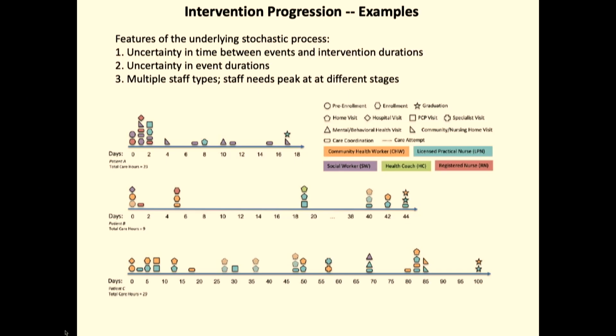I have mentioned this is an underlying stochastic process, and it's very difficult because you don't quite know what the time between events is going to be. You don't quite know what the duration of each encounter is going to be. And so it's a challenging scheduling problem. But this is the data set that we had and we used.